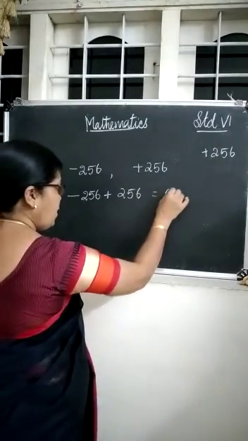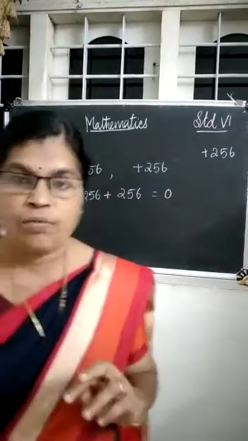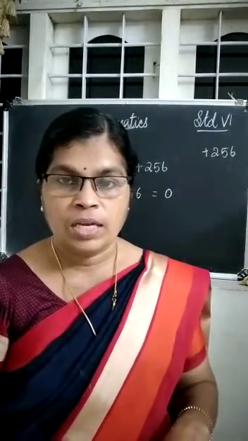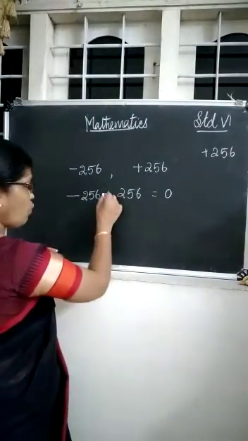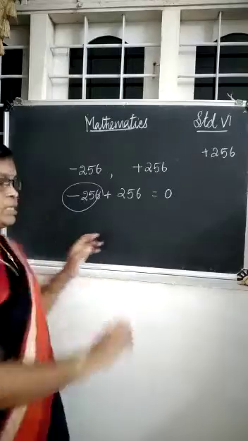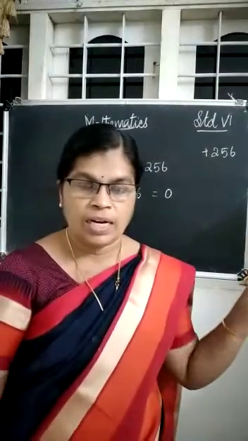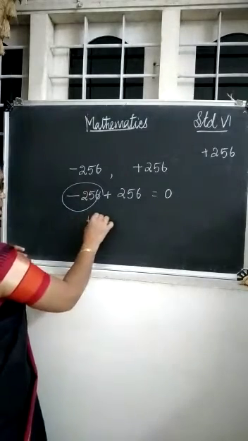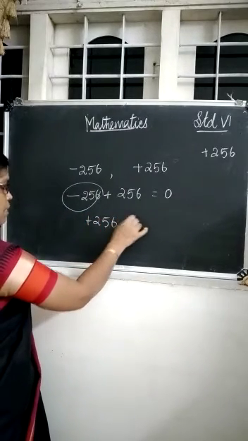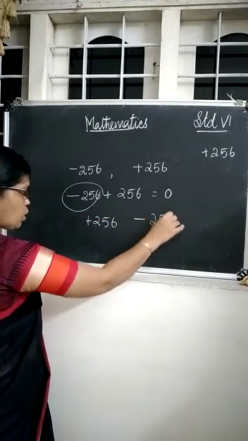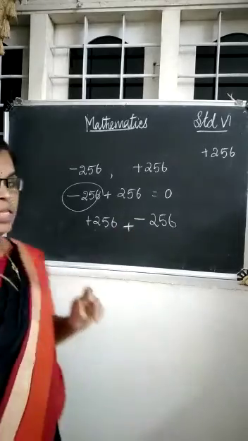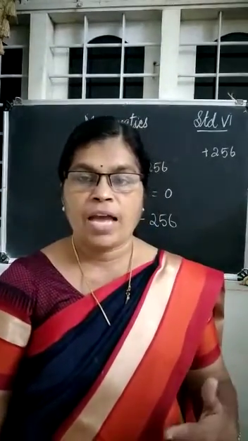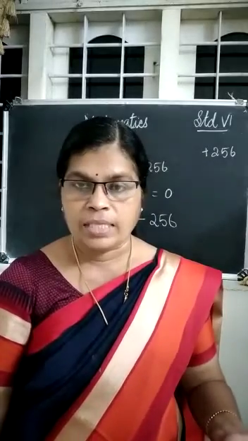So a number and its inverse, if we add, we get 0. That is called the additive inverse. So here the additive inverse of minus 256 is positive 256. Similarly, the additive inverse of positive 256 is minus 256, because if we add these two, an integer and its additive inverse, we get 0 as the answer.